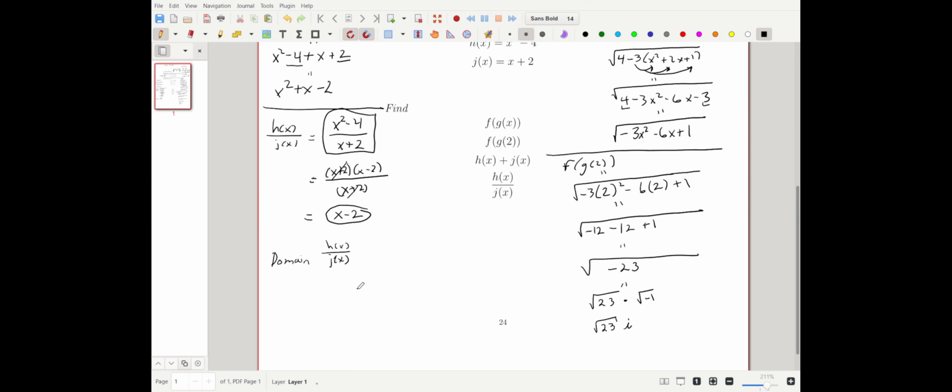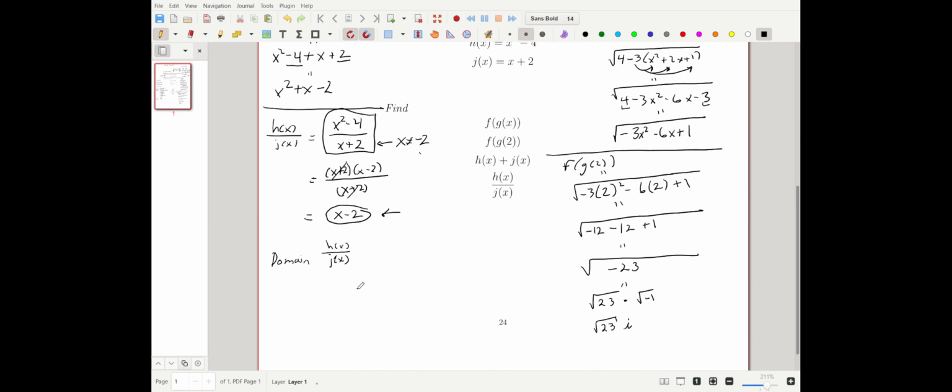So because h of x over j of x originally had this x plus 2 in the bottom, from here we should notice that we can't plug in negative 2, right? Because then it would give us a 0 on the denominator. So from our original work, we have to follow that limited domain throughout the entire problem. So even though we end up with the answer x minus 2, and this doesn't have a domain issue, we still have to respect the original domain issue.